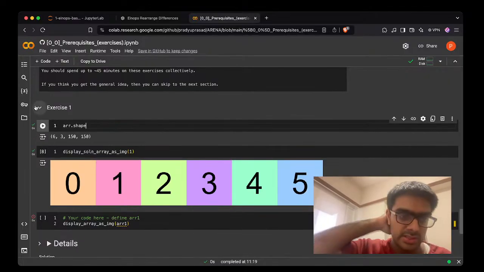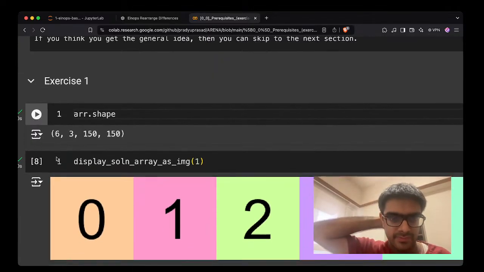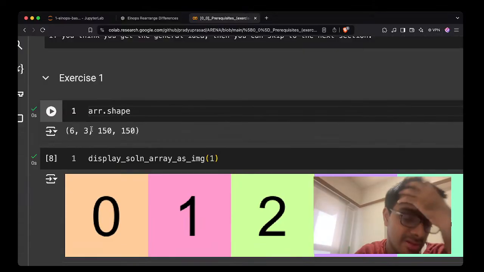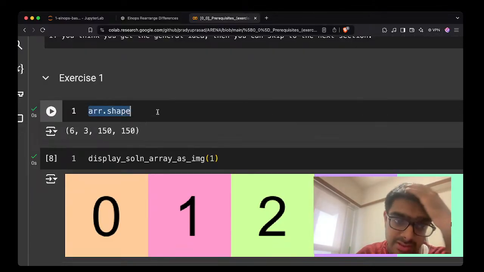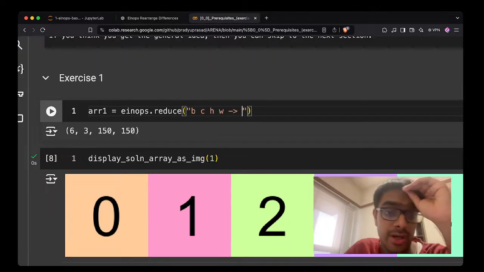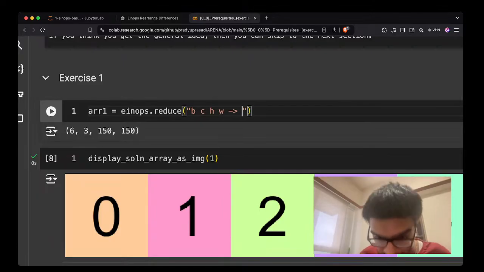Okay, so this is batch, channel, height, width, right? So then we should do AR1 equals einops.reduce, batch channel height width into... So what we want is the height should stay the same, right? Let's look at the simple idea.